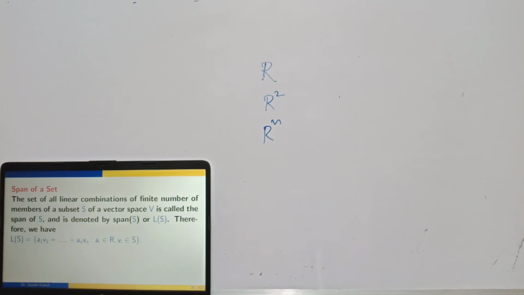Span of a set, it's a very important definition. Again, I'm repeating it. What is the span of a set? The set of all finite linear combinations of the members of S. Finite linear combination means linear combination of a finite number of members of S. S could be an infinite set, but in the linear span, you will consider linear combinations of a finite number of members of S. The collection of all linear combinations of a finite number of members of S gives you the linear span of S, denoted by LS.